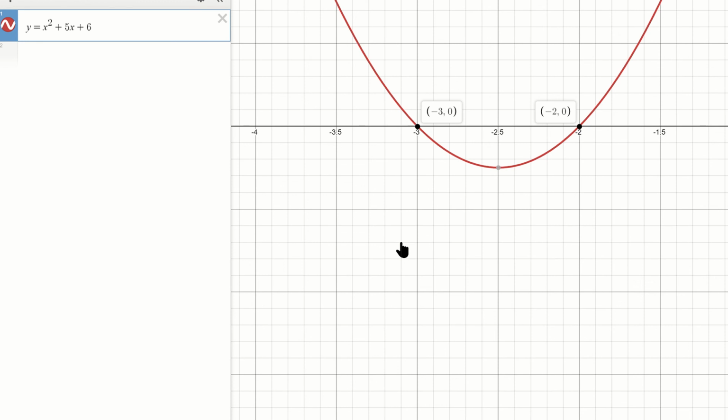All right, so that's our final check on that problem, and it checked out. So we'll move on to another problem now.